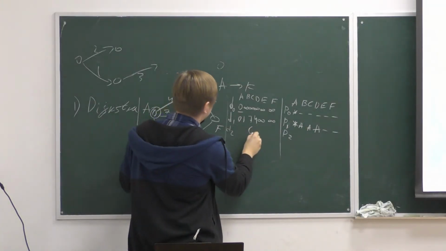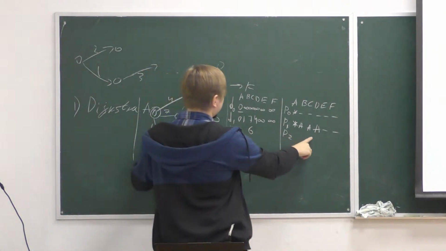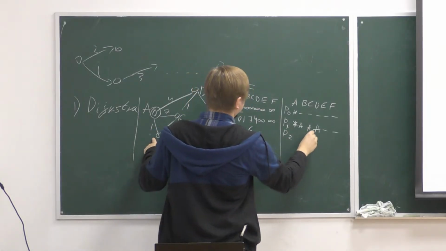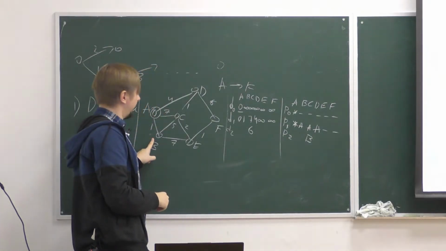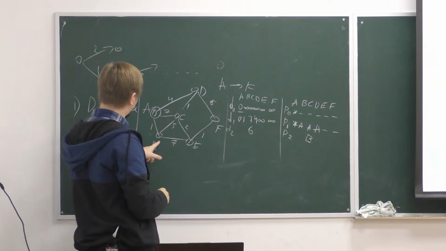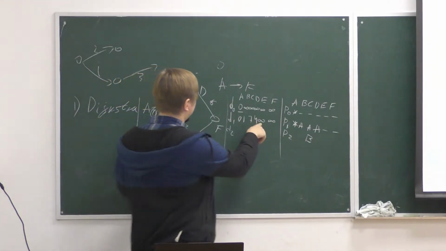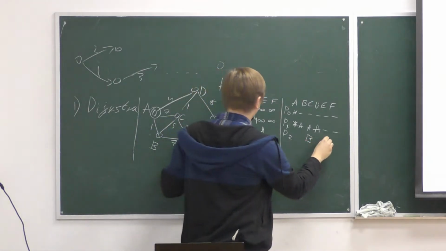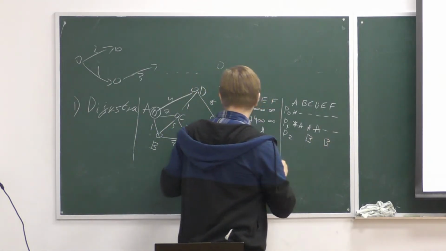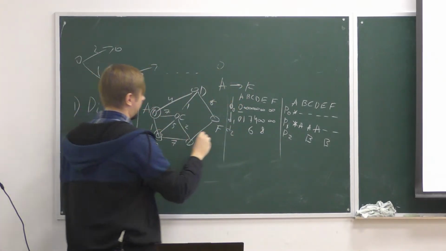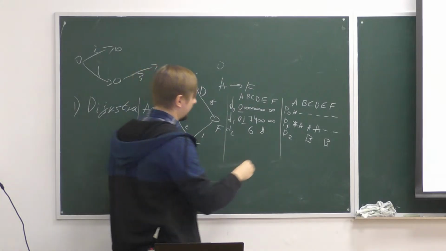So we put here 6, and we change C, that we go from B. And here will be 8. So 8 in E is less than infinity, we put here 8 and put here B. That's all the edges from B, and we visited B and add a line here.